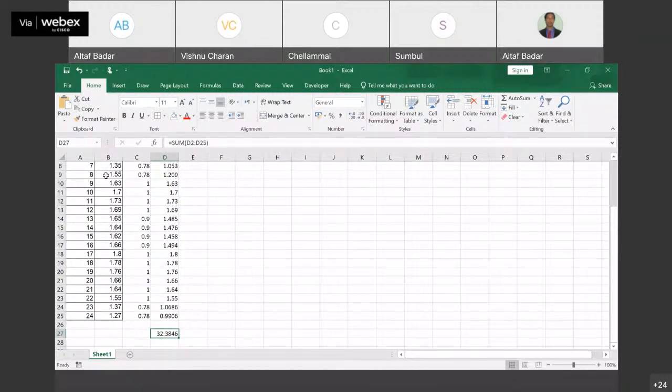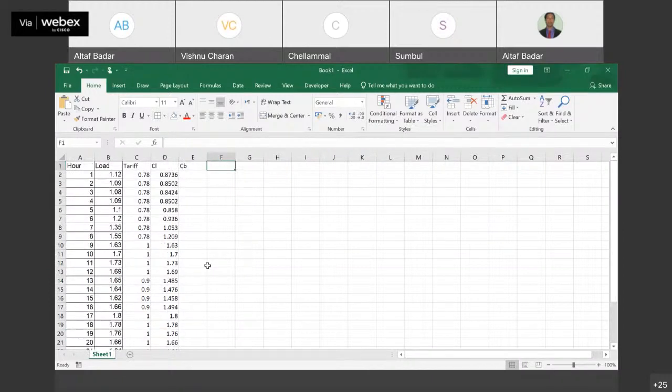Now I believe the echo is not there. So now tell me, as Vishnu pointed out, that we need to find the condition also.